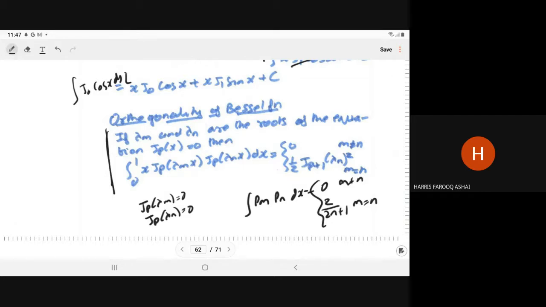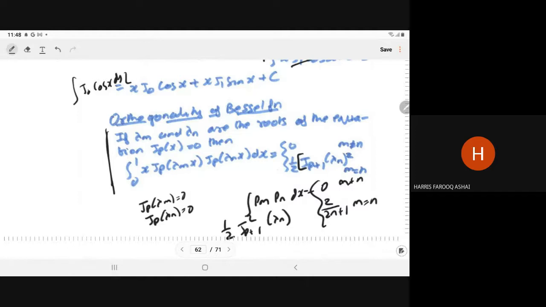If lambda m, lambda n are roots of the equation Jp(x) = 0, then the integral from 0 to 1 of x Jp(lambda m x) Jp(lambda n x) dx is equal to 0, or 1/2 of Jp+1 squared of lambda n.